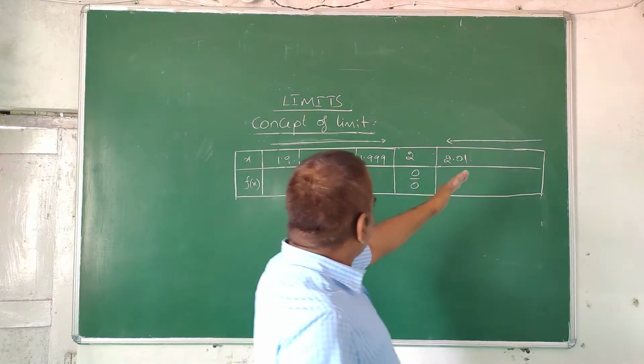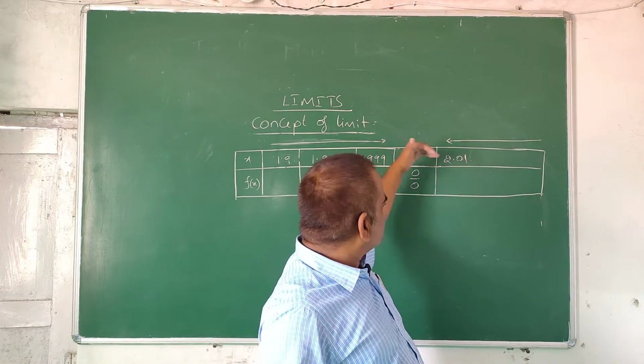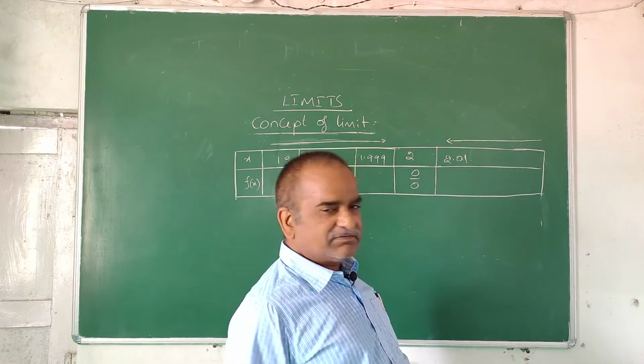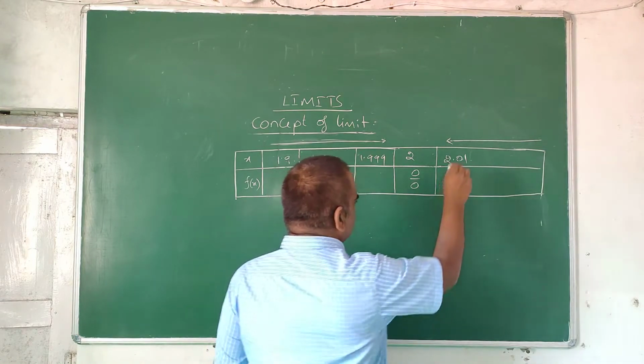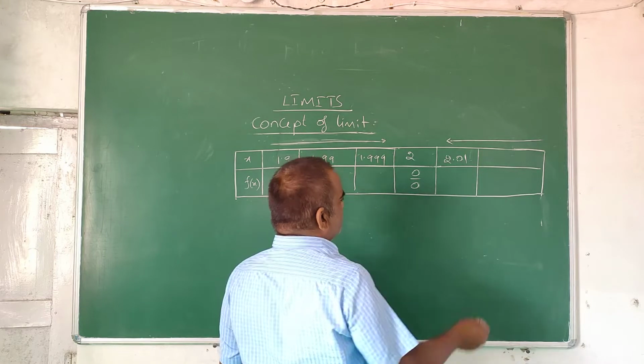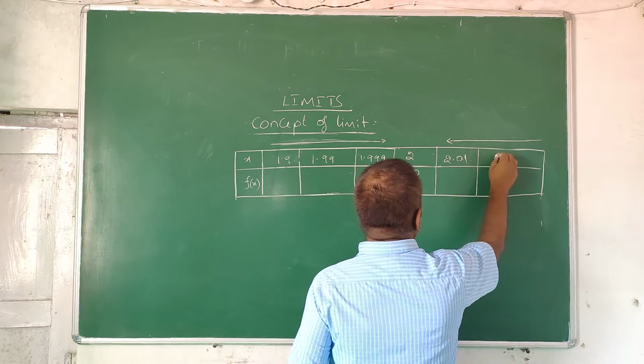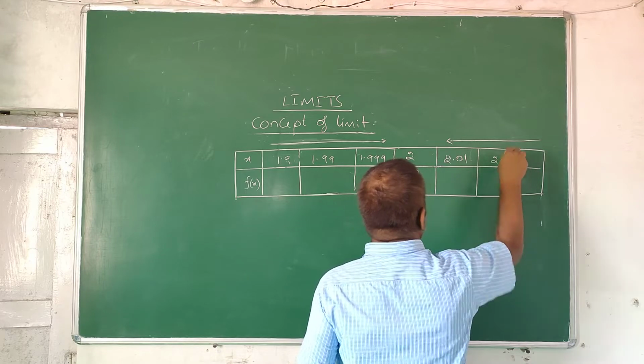Now, you take various values of x which are closer to 2 from the right side: 2.01, 2.1, etc.